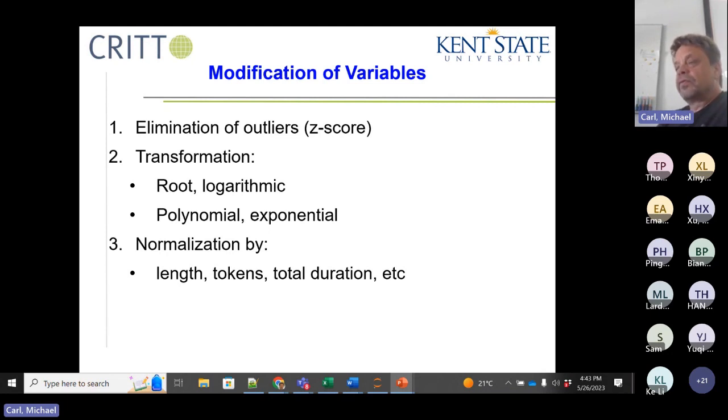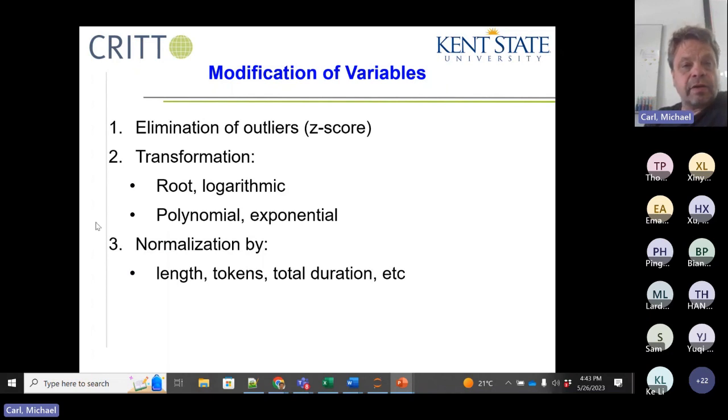So you can, for instance, divide the duration. You could look into the duration per word. So you divide the duration by the number of words. We did this yesterday, and today I showed some examples again.